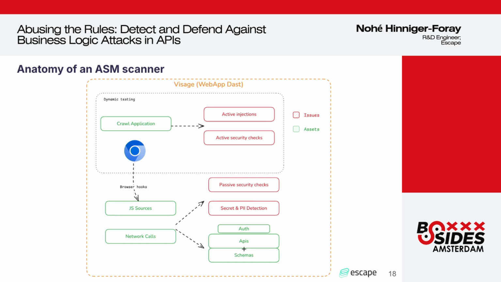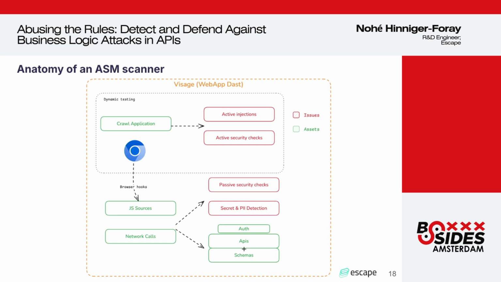While we are doing that, we hook into the browser, so we are able to get all the JS sources of the application, and we also hook every network call. From that, we are able to run some passive checks to detect eventual secrets or personal information. We are also able to extract the APIs that those front ends use and reconstruct the schemas from the runtime requests.